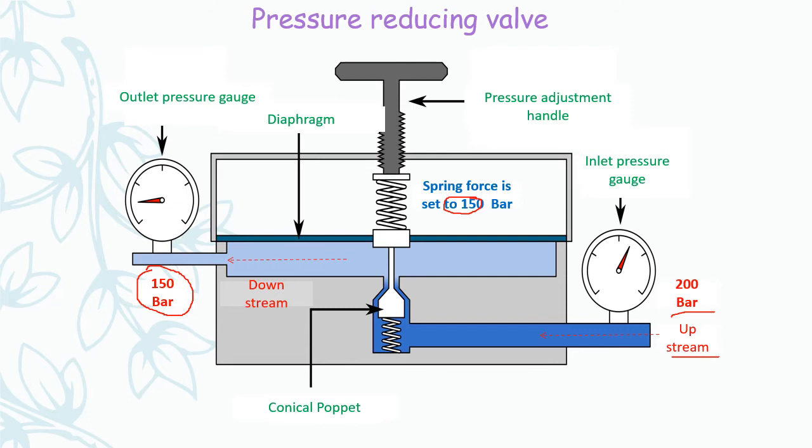In that case we will use a pressure reducing valve so that we can reduce the pressure of the fluid coming from the pump from 200 bar to 150 bar. This is how a constant reduced pressure is maintained at the outlet, that is at the downstream of a pressure reducing valve.